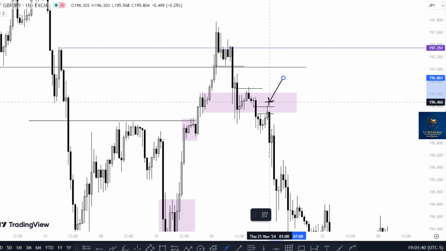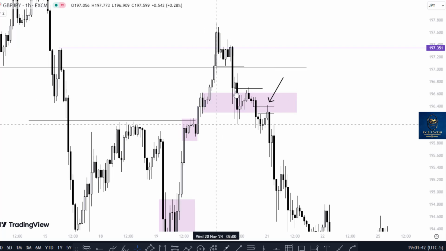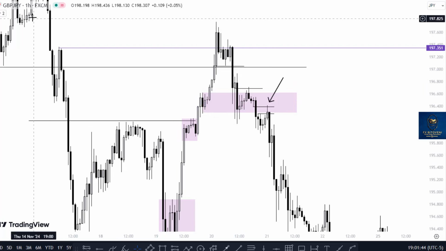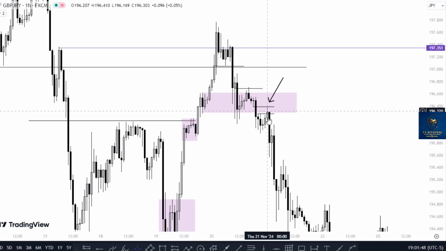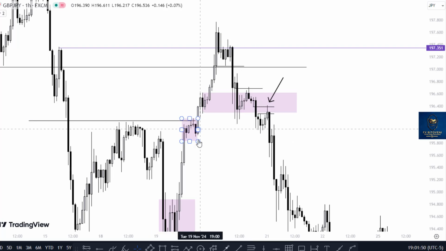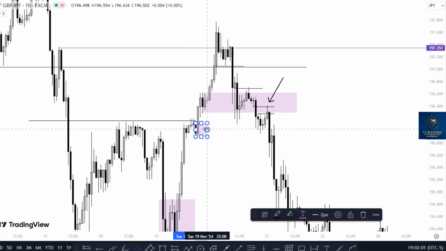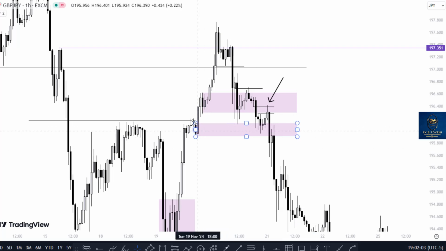If you are on 1 hour, you can switch to 5 minutes to check what is going on. The same here, we have strong candle here, which is our bullish order block, a mitigation block.